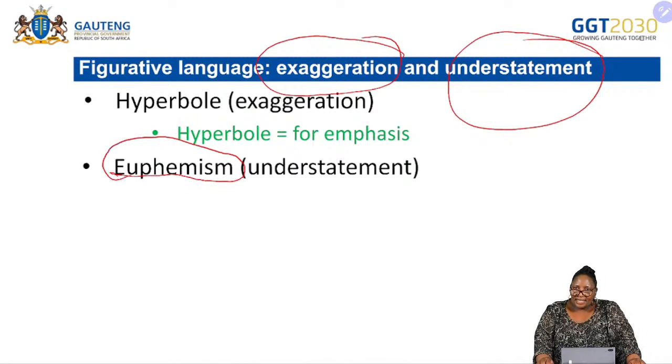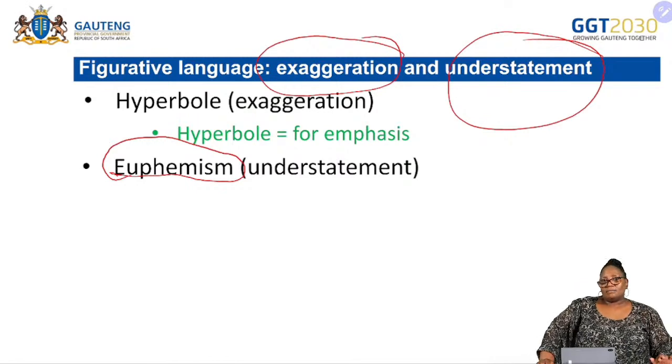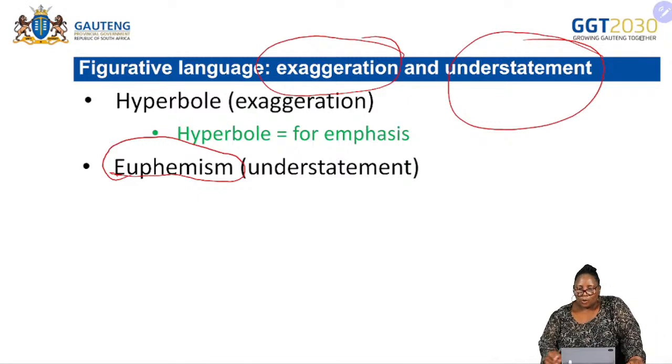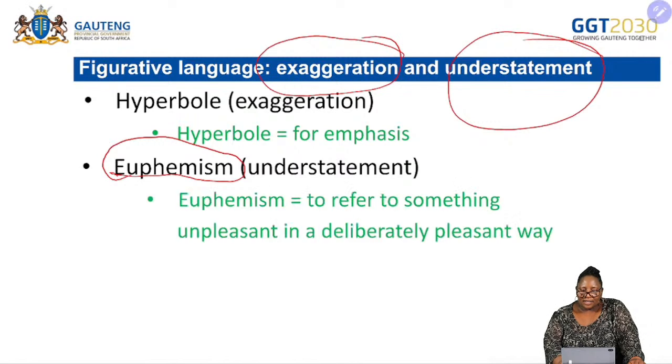The person has kicked the bucket, instead of saying he is dead. It's sort of very blunt to say he is dead. But when you say he has kicked the bucket, meaning he has passed on. So that's euphemism. You create that atmosphere of not being blunt.